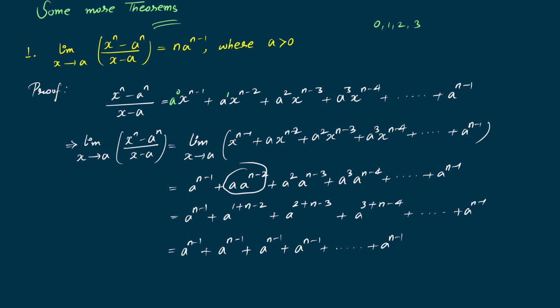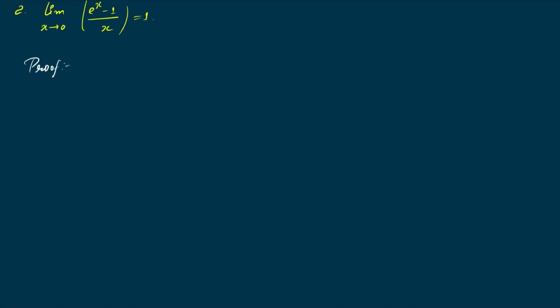That means there are n times a to the power n minus 1, so this can be written as n times a to the power n minus 1. Hence the theorem follows. That is, limit x tends to a, x to the power n minus a to the power n by x minus a, can be written as n into a to the power n minus 1.